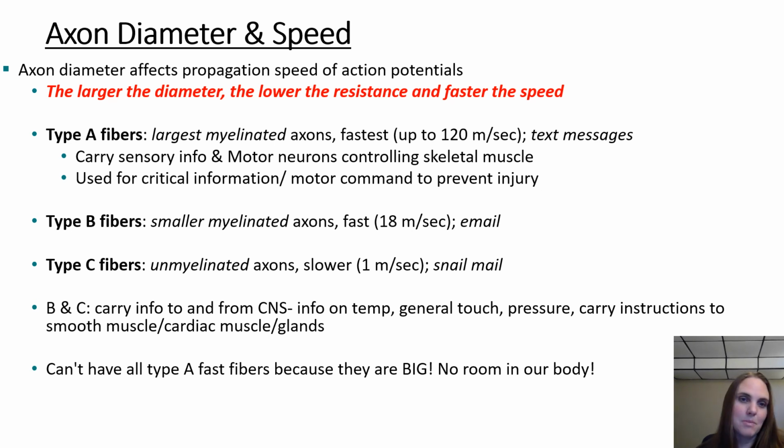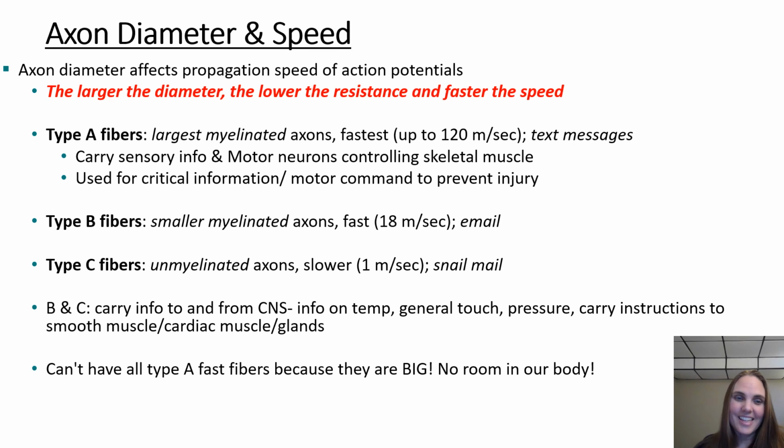So this is the snail mail version of information transmission. Fibers B and C are going to carry information to and from the central nervous system on things like temperature, our general touch, pressure, and they're also going to be used to carry instructions to things like smooth muscle, cardiac muscle, and glands.